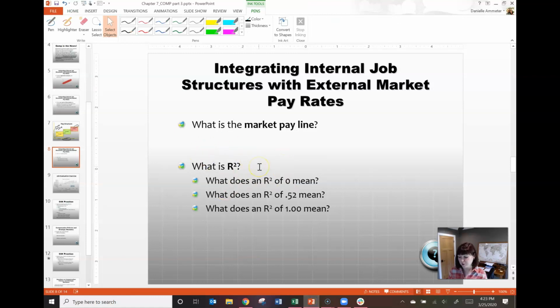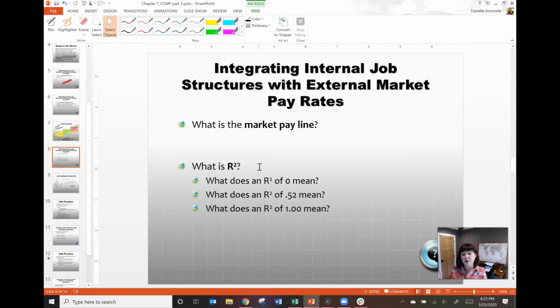So that raises the question, what is R squared? R squared is correlation, and it ranges from 0 to 1, where 0 says there is no correlation at all. Those two variables, job evaluation points and salary, have nothing to do with each other.